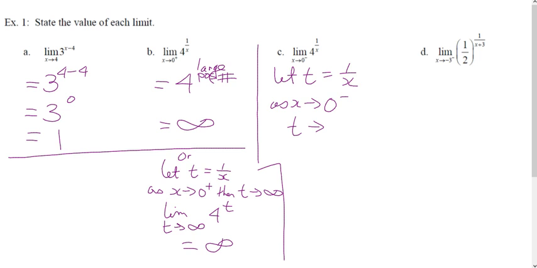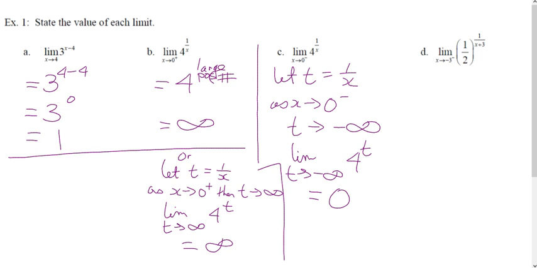So t is going to approach negative infinity. Which means that we then have the limit as t approaches negative infinity of 4 to the t. And we can say, well, we're going to have 4 to a very large negative number, which is 1 over 4 to a very large number, which is 0, right? So this is going to equal 0.